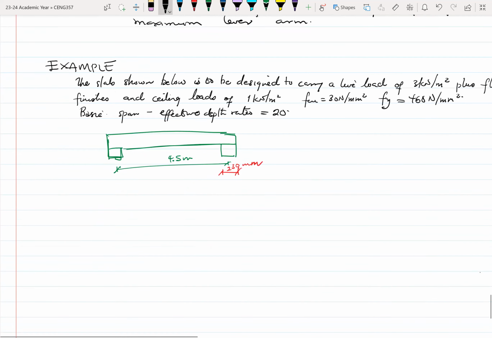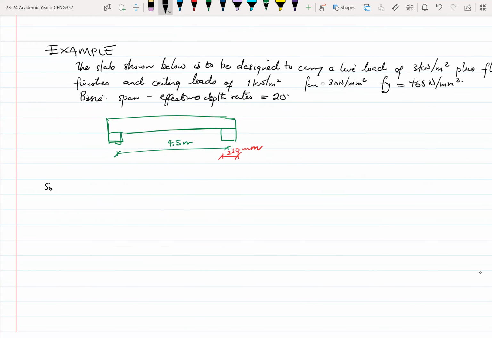Let's look at a solution for this. Now let's find the effective depth. Before we do any calculations, we find the effective depth.